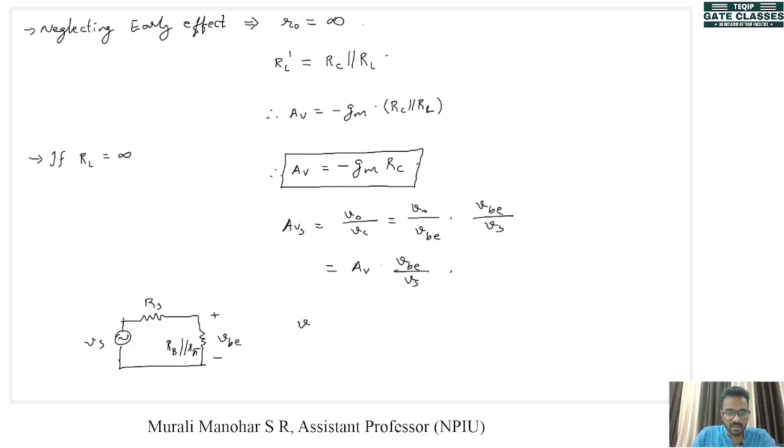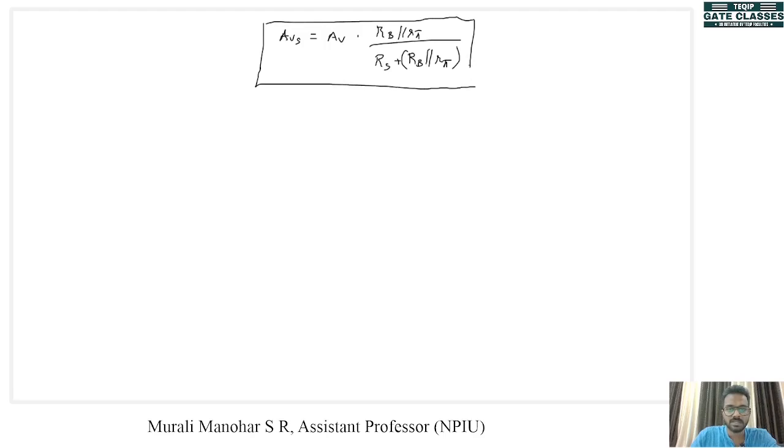Now we can write VBE as Vs into RB parallel R pi divided by Rs plus RB parallel R pi. Now this can be substituted here. So we will get AVS as AV into RB parallel R pi divided by Rs plus RB parallel R pi. So this is the value of voltage gain of the entire system.